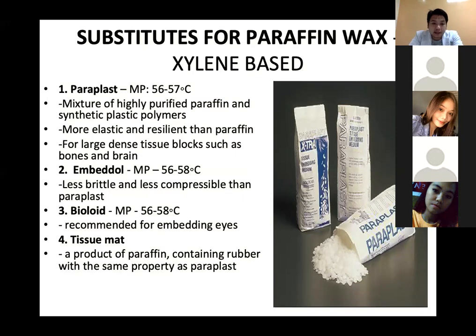And then Tissuemat, a product of paraffin containing rubber with the same property as Paraplast. Okay. The difference between Paraplast and Tissuemat is Paraplast is not bendable. Tissuemat is very flexible compared to Paraplast because it contains rubber as part of its component.